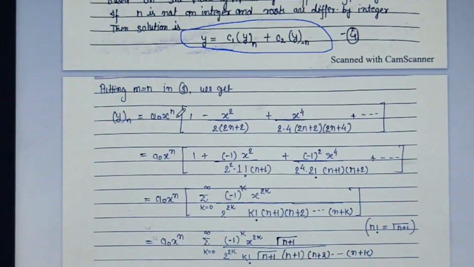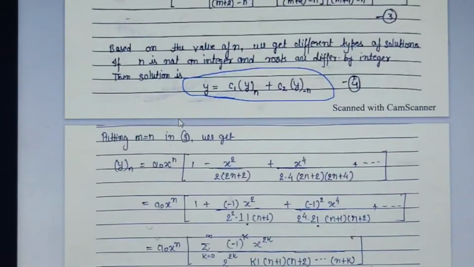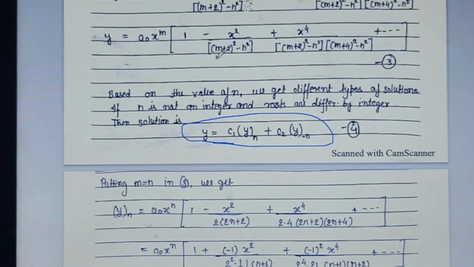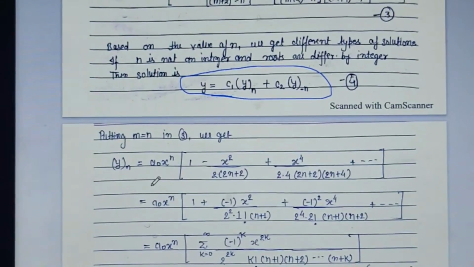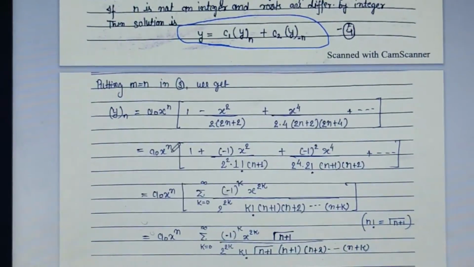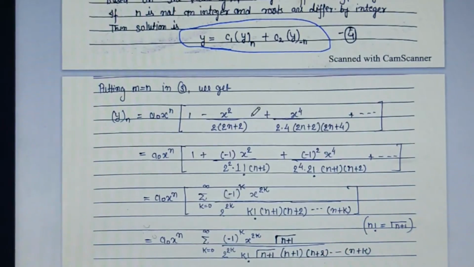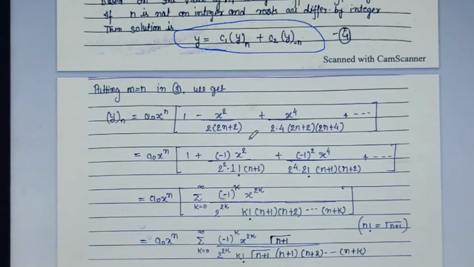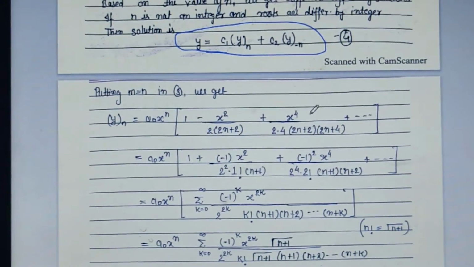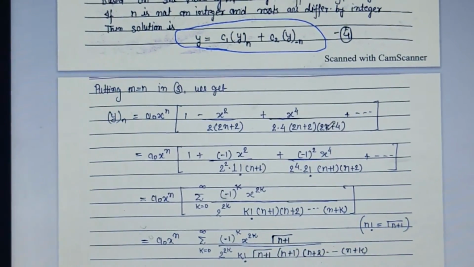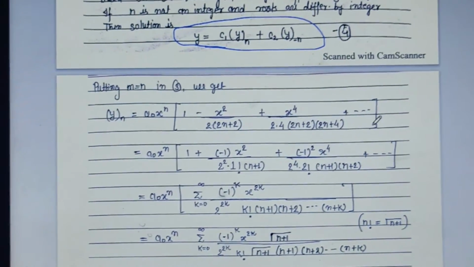So by putting m equal to n in equation number 3, we get y_n is equal to a0 x^n times [1 - x^2 divided by 2(2n+2) + x^4 divided by 2·4(2n+2)(2n+4) and so on].